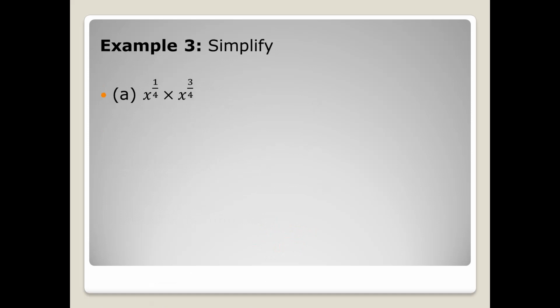Well, these rules can be applied not only on numbers, but also on algebraic expressions. So let's see this example number 3, and we are going to simplify the following expressions. Let's simplify the product of these two expressions, x to the power 1 over 4 multiplied by x to the power of 3 over 4.